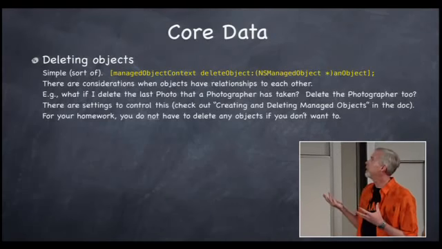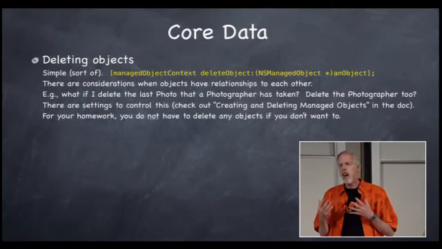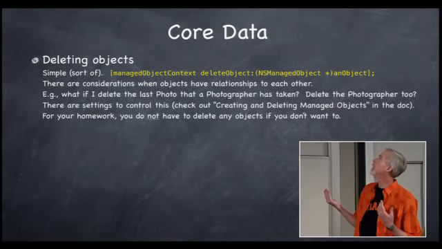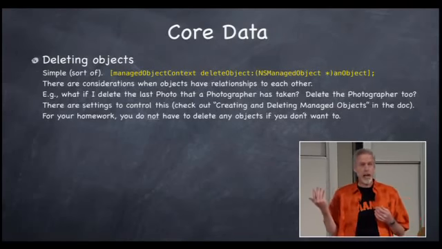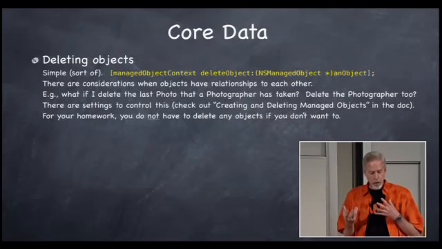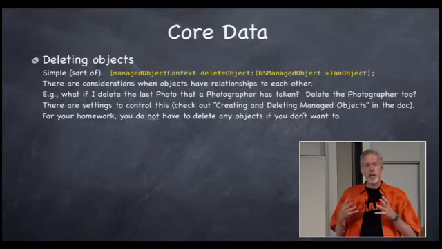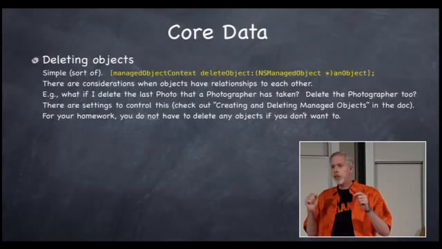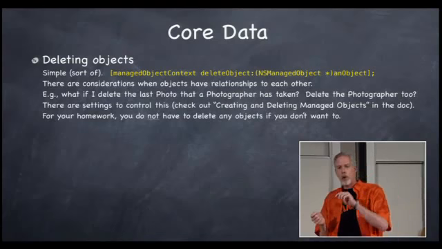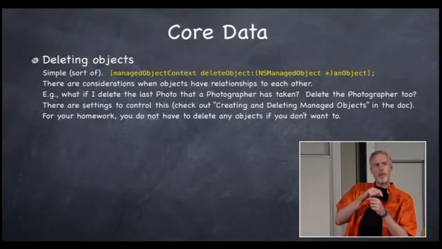So that's it for fetching, creating objects, setting attributes. The last few things I'm going to talk about here, you don't have to worry about for your homework, but deleting objects is straightforward, kind of. You just say deleteObject to the managed object context. The reason I say sort of is you have to be a little bit careful if you have relationships between objects. What happens if I delete a photo, does it get deleted from the NSSet?